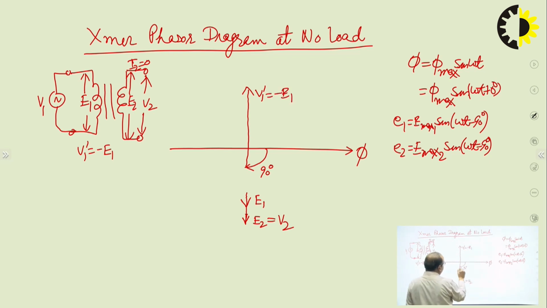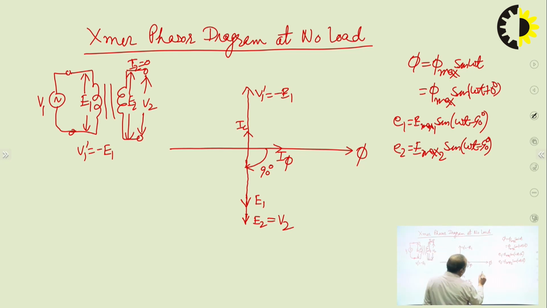Other than that, I phi, the magnetizing component of no load primary current, is along flux. There is a reason for this also, which I will discuss after this. Another component is IC, the core loss component of no load primary current. This is along V1 dash.